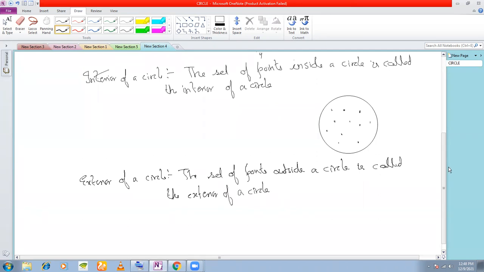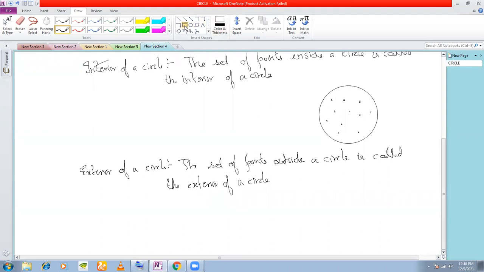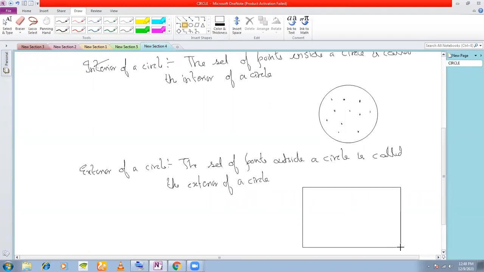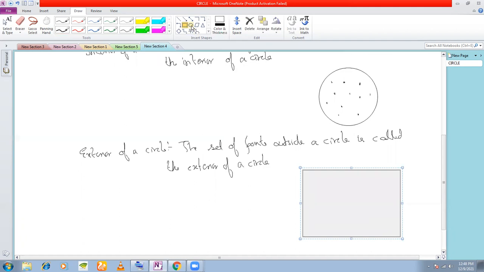Let's say we are talking about a circle inside a small plane. Then all these points will form the exterior of a circle. The set of all these points will be the exterior of a circle.